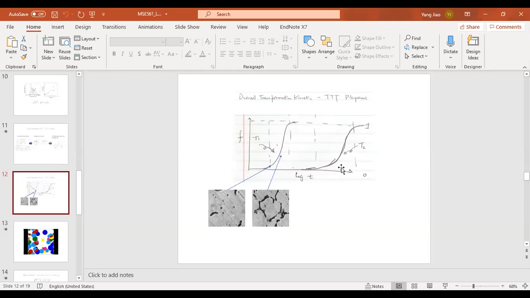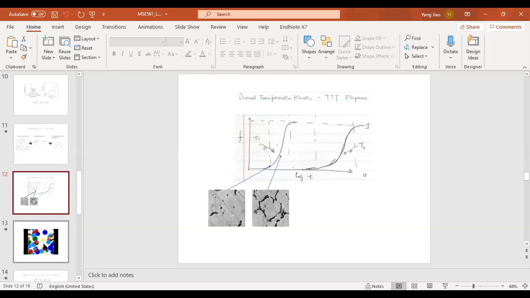And also because the driving force is smaller, the transformation process itself is slower than at the lower temperature. So you see that this curve starts later and is more stretched along the time direction, meaning it takes more time for the transformation to complete. So that's just an initial impression of the TTT diagrams.